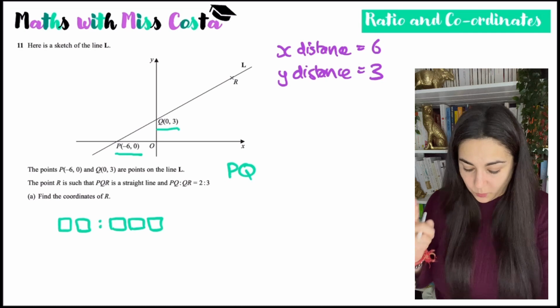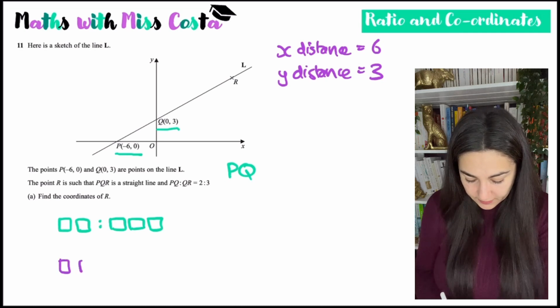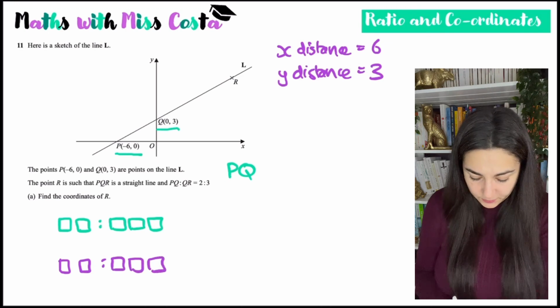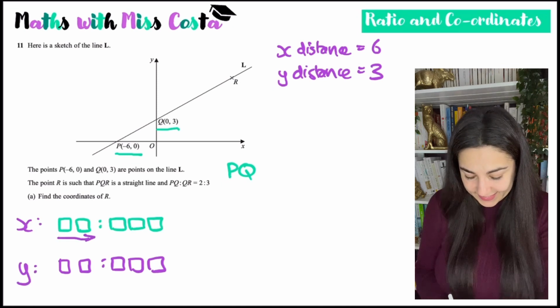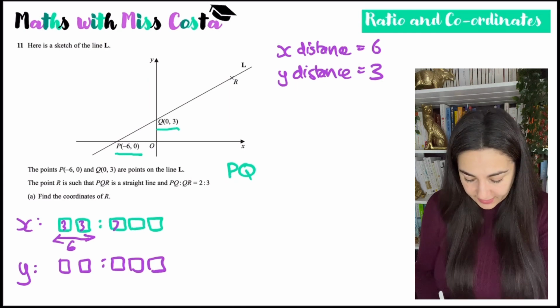So that means that 1 part, so let's do this for both. So that's for the x coordinates. And that can be for the y coordinates. So a distance of 6 is worth 2 parts. So that means that each part is worth 3. So let's fill that in here.